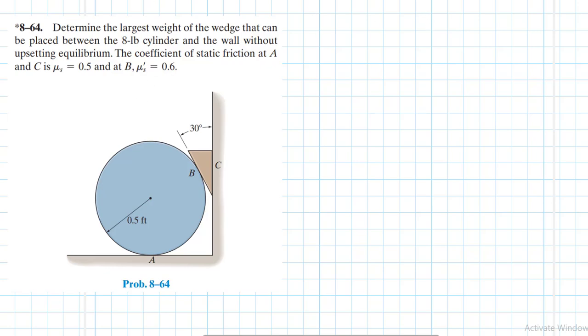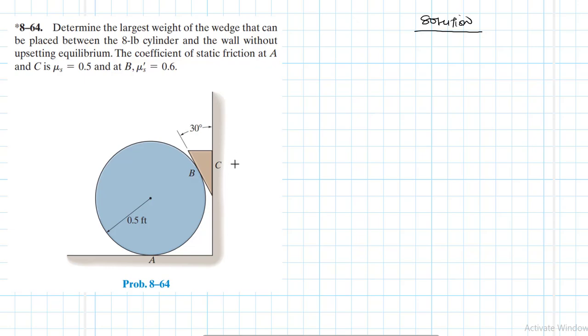This problem is coming from the Engineering Mechanics Statics textbook, 13th edition by R.C. Hibbeler. So we have been asked to determine the largest weight of the wedge that can be placed between the 8-pound cylinder shown and the wall.